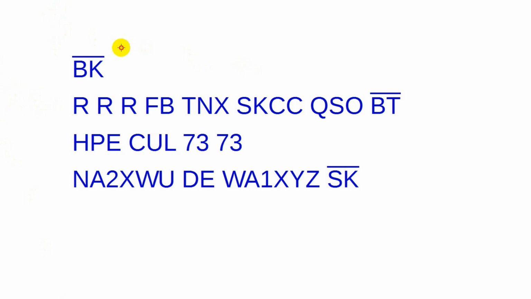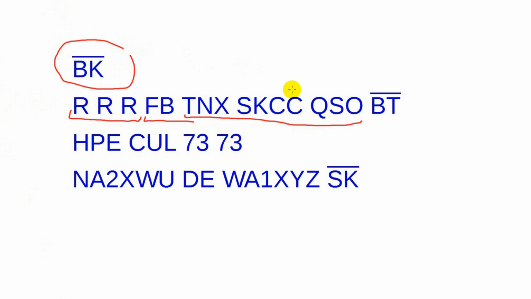She gives a simple break, indicates she received the signal, and then says fine business, thanks for the QSO, which counts for SKCC rewards. She said that she hopes to see you later. The number 73 is from the old Phillips telegraph code and means simply best wishes.